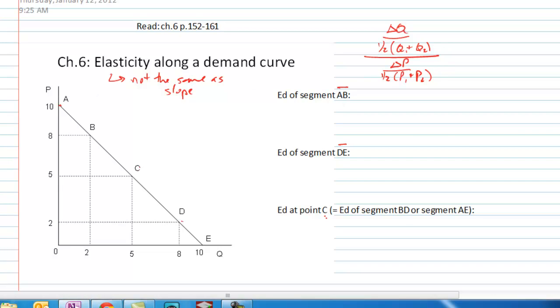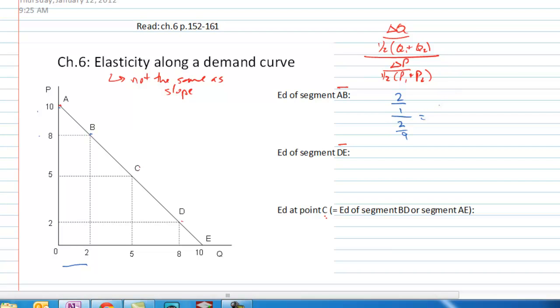So for AB, we've got a change in quantity from 0 to 2, so that's 2. The midpoint of those quantities is 1. Then in the denominator, we have the change of price from A to B of 2. Again, we're not going to have to worry about signs in this because we're always using the absolute values with price elasticity of demand. And then the midpoint of the prices, our prices are 8 and 10, so the midpoint is 9.